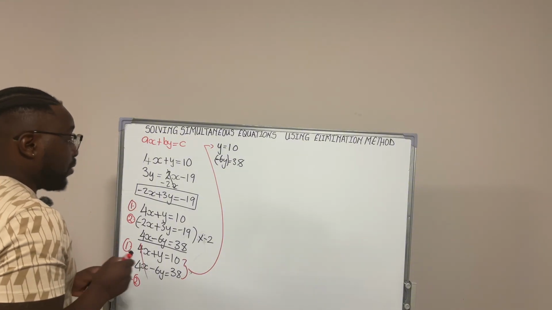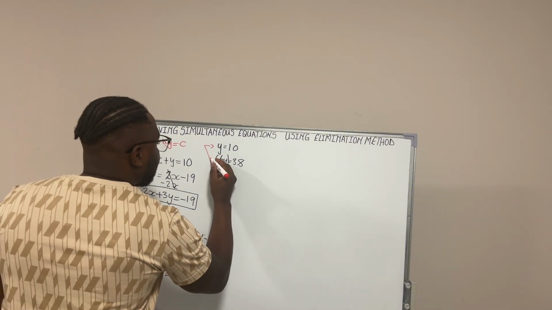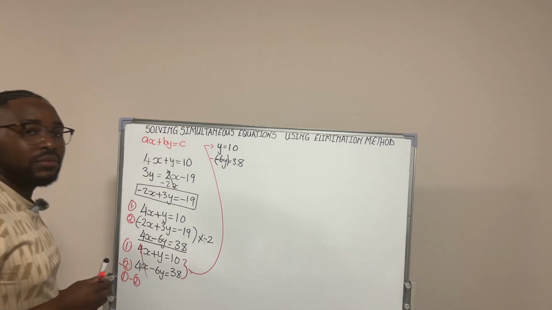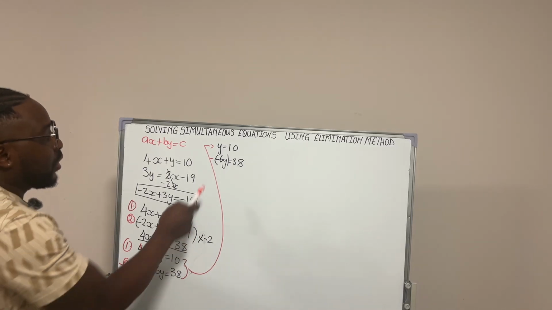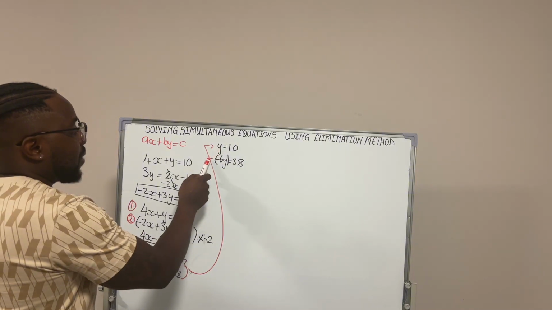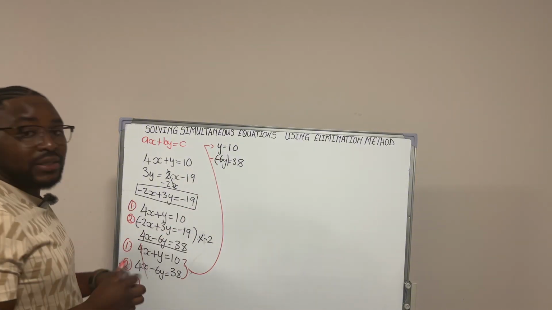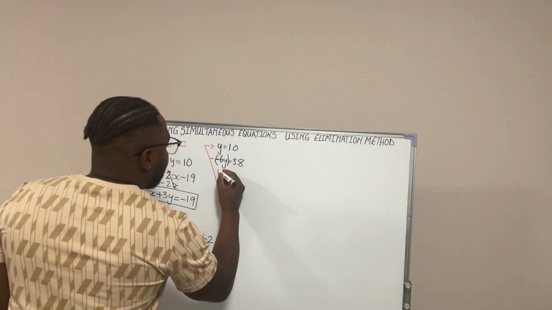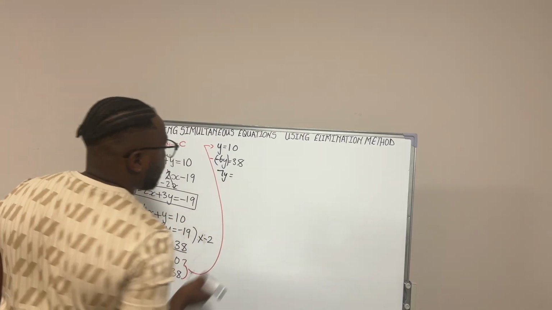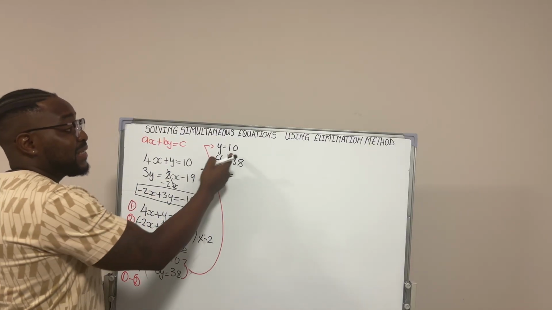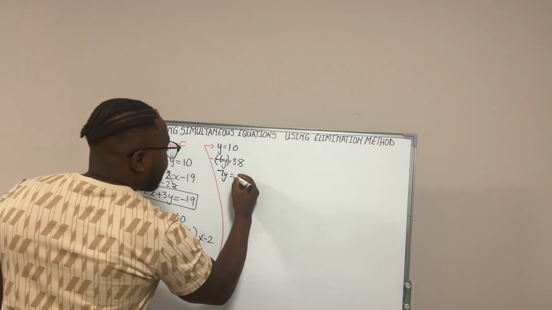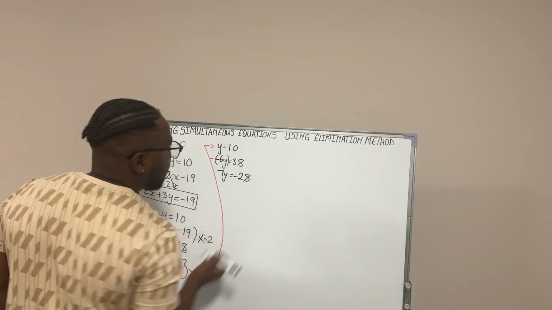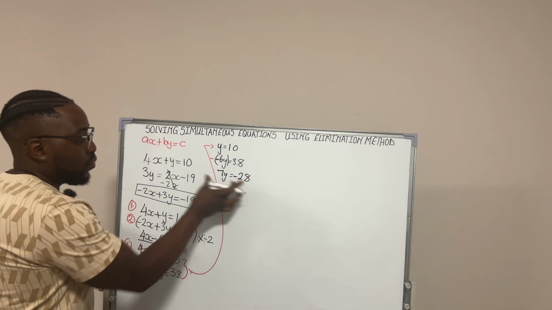Remember, we're subtracting, so let's not forget our sign there. y minus -6y is 7y equal to 10 minus 38, which is -28.